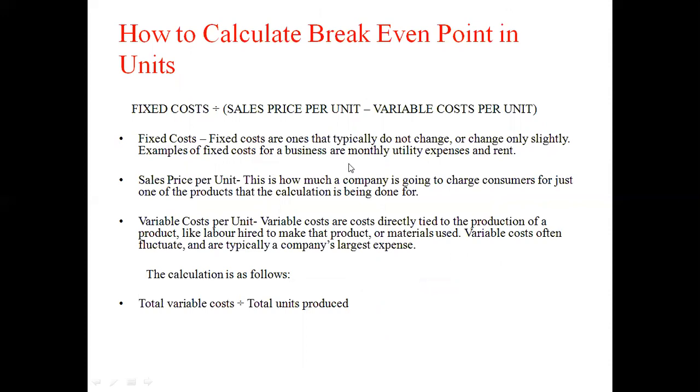Examples are salaries and monthly utilities of the given firm. Variable cost represents costs that are going to change according to the production value.